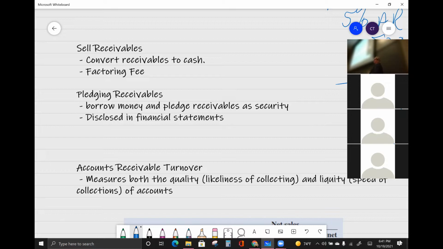You can use that as collateral. This is the same thing. So you can use your accounts receivable. You can pledge those. You won't have to sell them as long as you make your payments on your loan. If you default on your loan, then they will take your receivables and try to collect on those. That's how they'll get their money back.